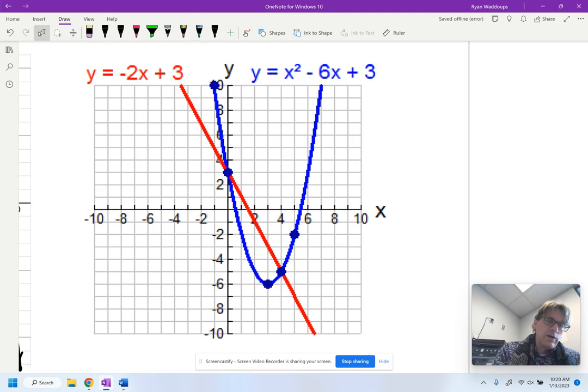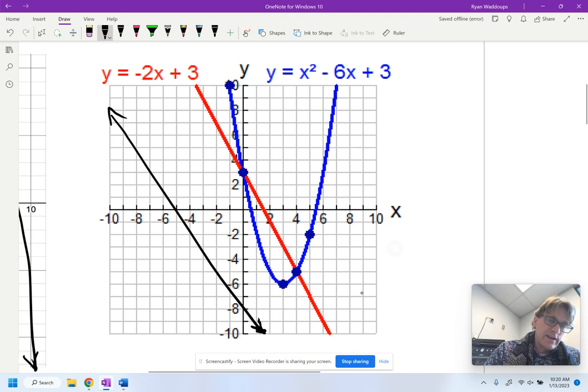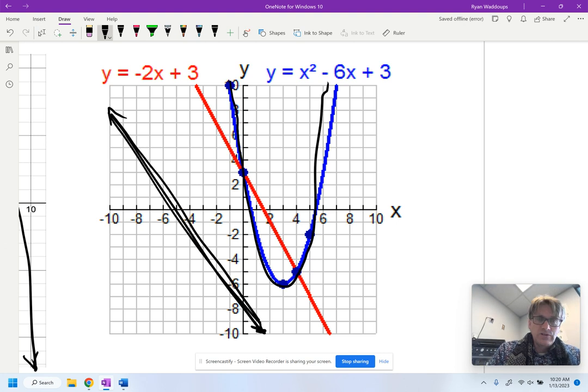Likewise, you could have a linear equation and a quadratic where the line does not intersect the parabola at all, and so they would have no solution.